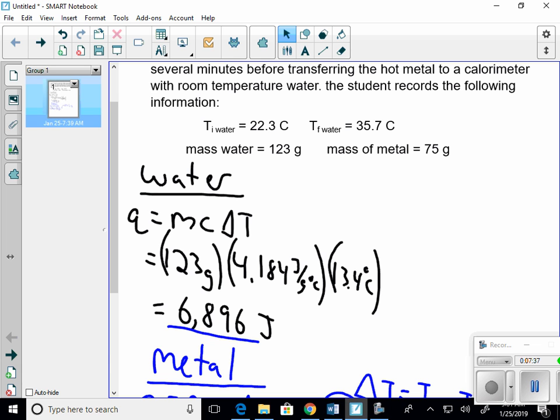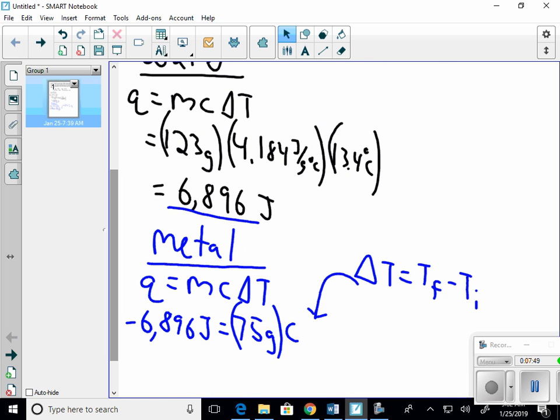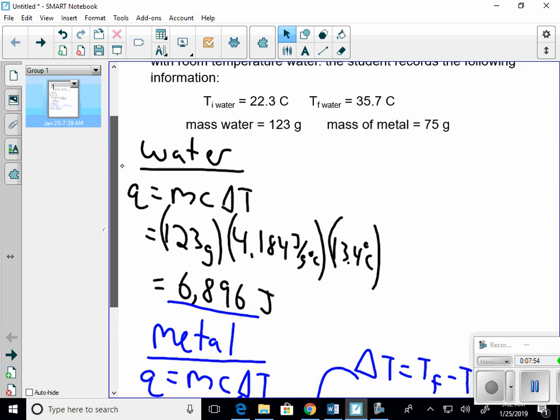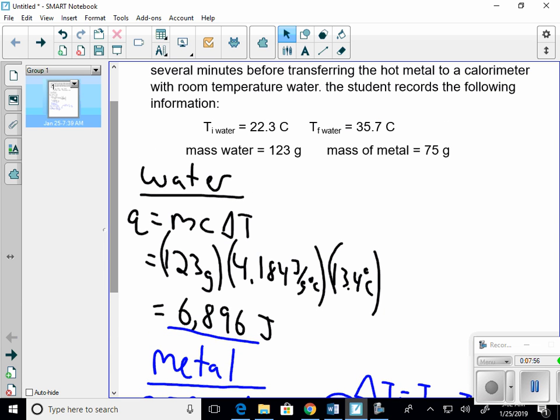I take metal, I put it in boiling water, and then I put it into a cup with room temperature water. What is the final temperature? So if we want to start off with final, what's the final temperature of the metal going to be? So room temperature?